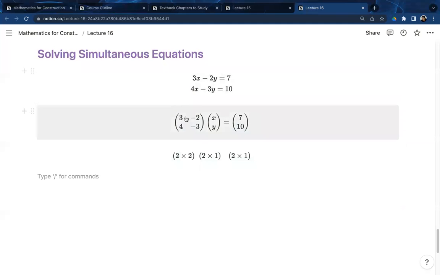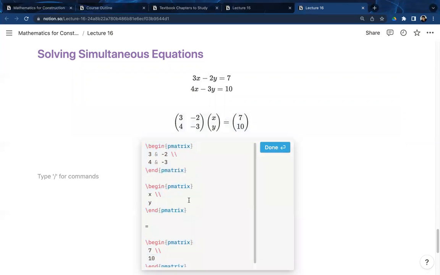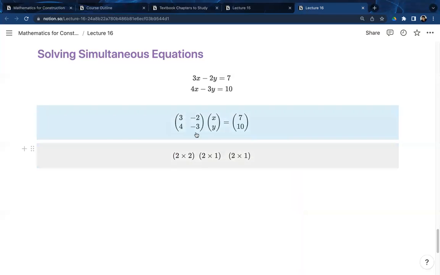So the left-hand side, when you multiply it, gives what we call a column matrix. This is a 2 by 1 matrix and this is a 2 by 2. The two inside numbers are the same, and the outer two numbers are 2 by 1, so the answer will be a 2 by 1.